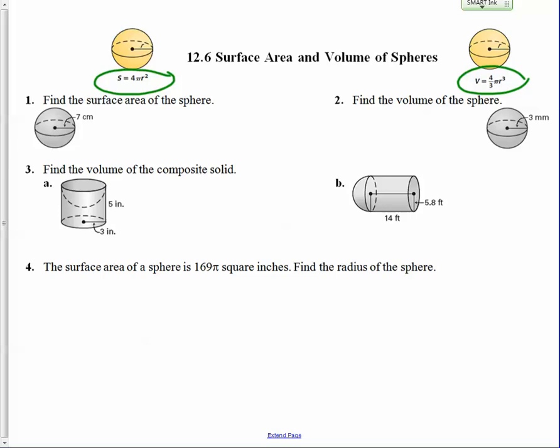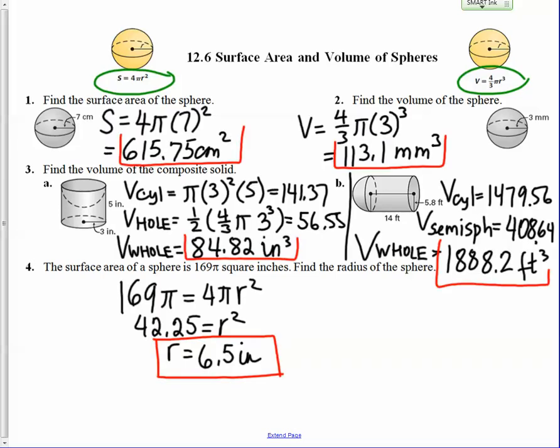Let's see the answers. Okay, here are the answers, and in example 3, don't forget we were calculating the volume of composite solids, so you either need to subtract as in 3A or add the volumes as in 3B.